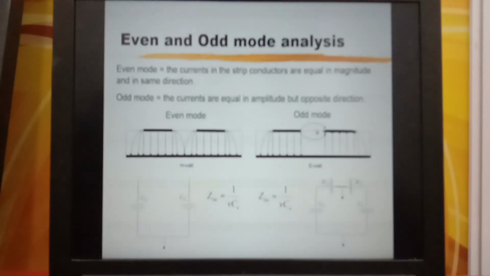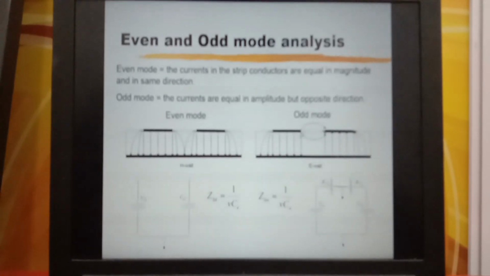Under odd mode excitation, the voltages are of the same magnitude but opposite phase. That means when one line has a positive polarity, the other line has negative polarity.